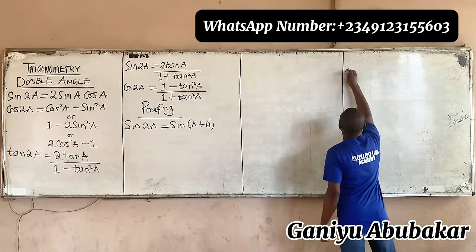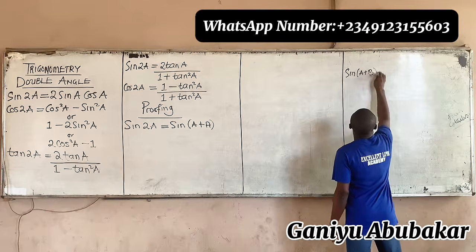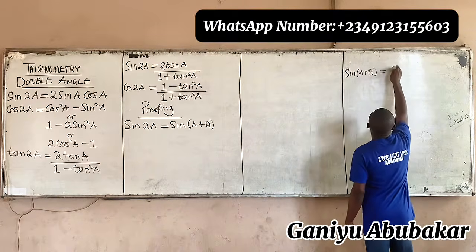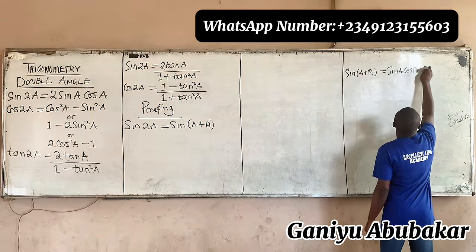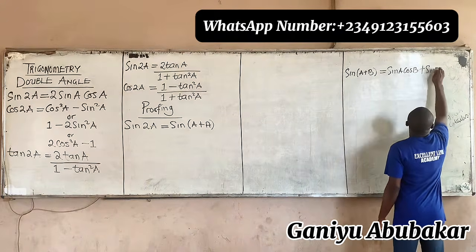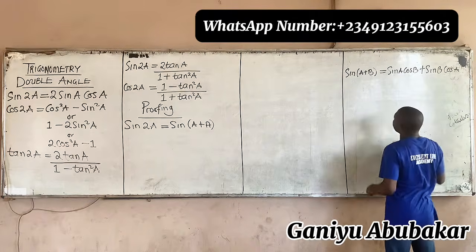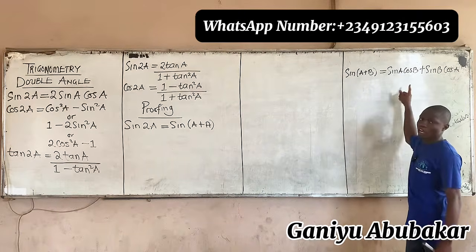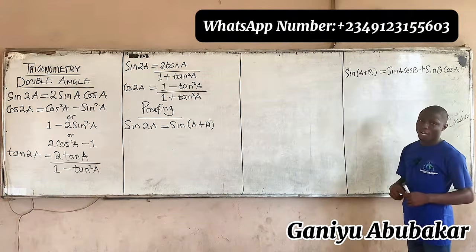We said if I have sine a plus b, this equal to sine a cos b plus sine b cos a. This was derived from the concept of compound angle, right?